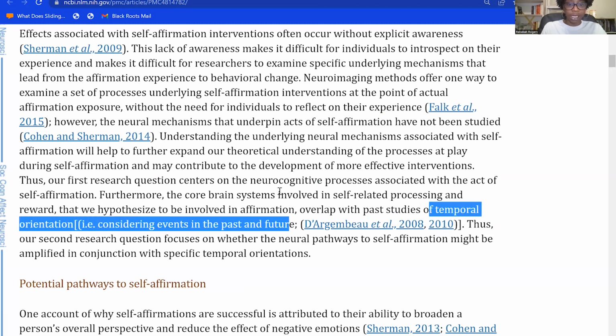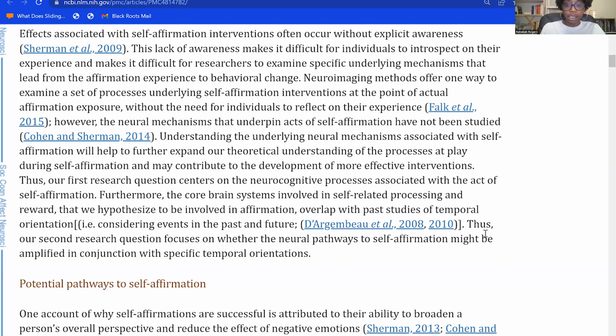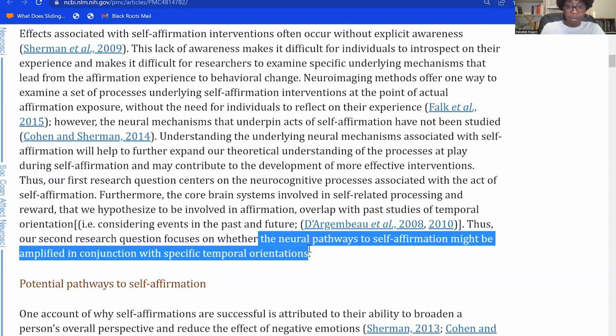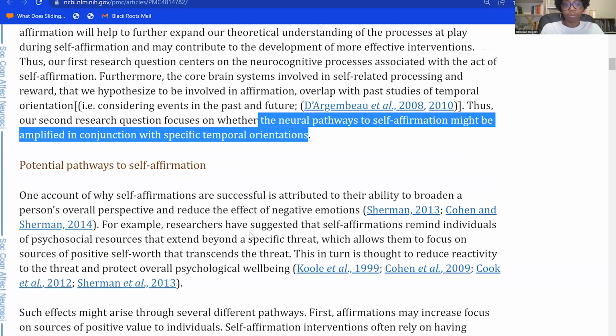Okay, so temporal orientation, past and future. Thus, see that again. Second research question focuses on whether neural pathways of affirmation are amplified in conjunction with specific temporal orientations. Those temporal orientations being considering events that were past or future.